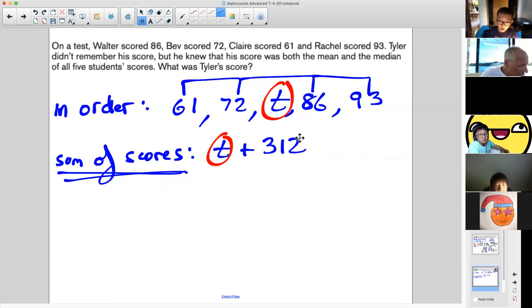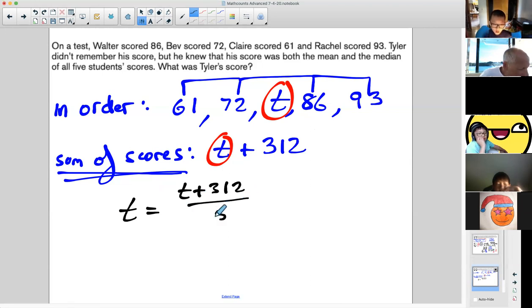Now, since Tyler's score is also the median, can't we write out an equation? T equals T plus 312 divided by 5. Yeah, that's right. Now, guys, what have I always taught you when you see fractions? Cross multiply.